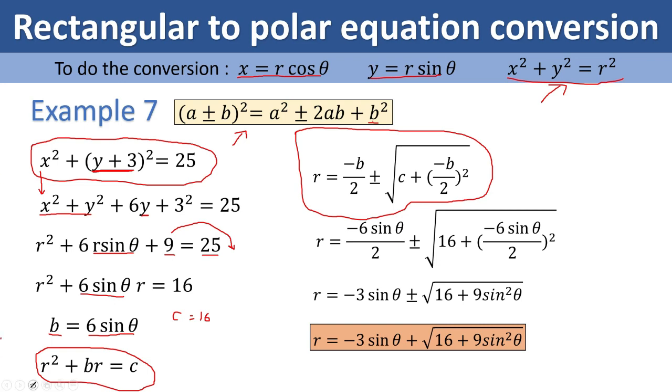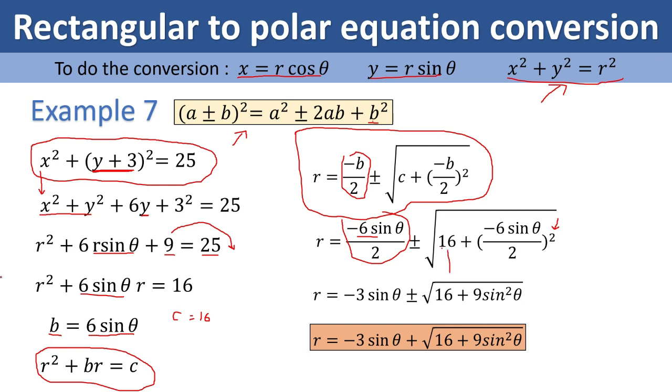Now b is 6 sine theta, divide by 2, c is 16, and all of this is squared.